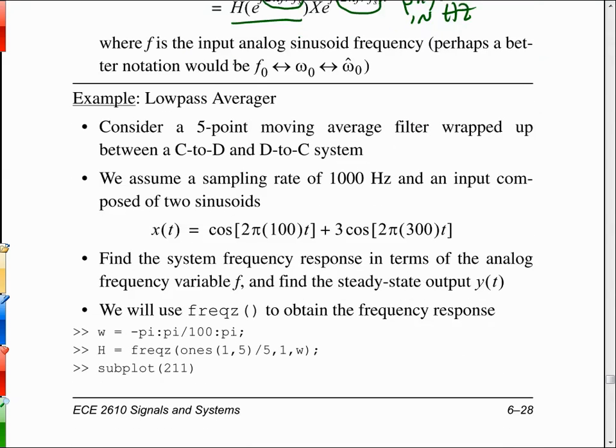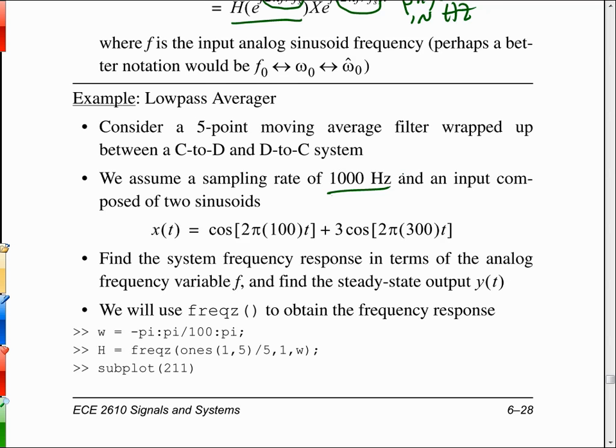So as an example, here in the notes, and then we'll work on a second example in that worksheet I've handed out. Suppose we have a 5-point moving average filter that's wrapped between a C to D, which is our continuous to discrete, and our D to C, which is the discrete to continuous, or digital to analog, sampling at 1,000 hertz.